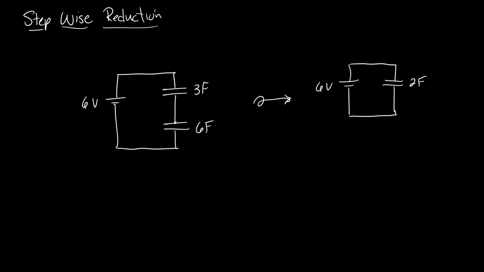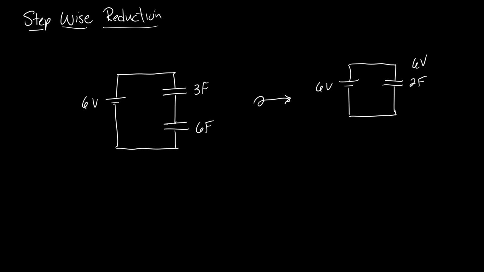The next part is to solve for voltage and charge for your simplified circuit. So in this circuit, we know that the voltage is 6 volts because it's connected to just a single voltage source.